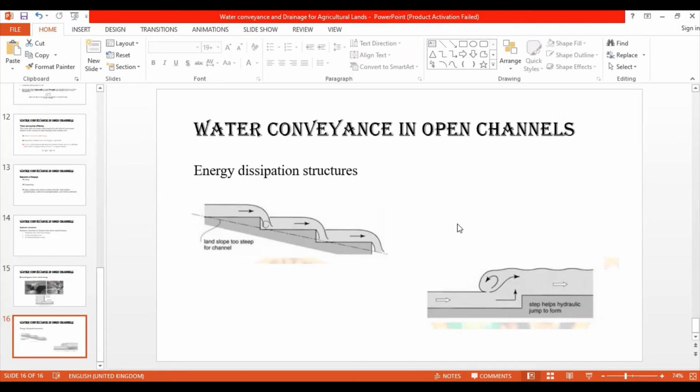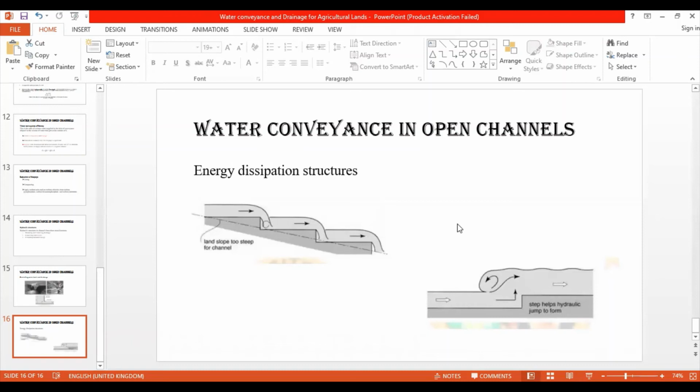So we've covered the process which is required for us to design a channel. Then we've gone further to say, if we design a channel, we need to make sure that we have efficiency. We don't lose water as we are delivering it through these channels. So in that case, we put lining, or we compact, or we use chemical substances.